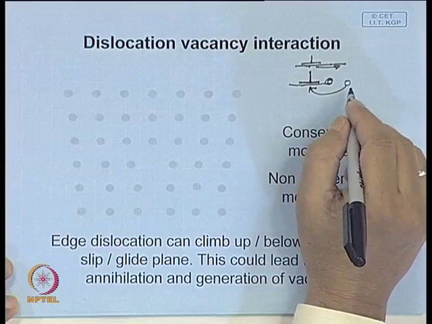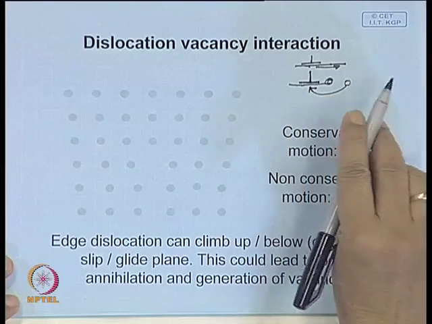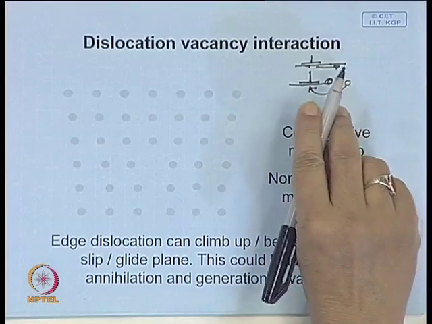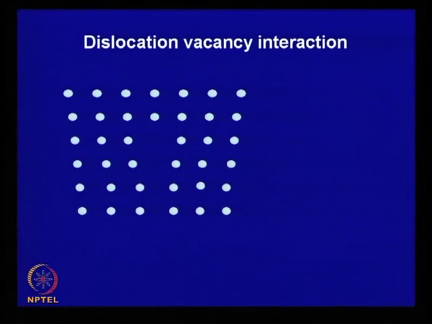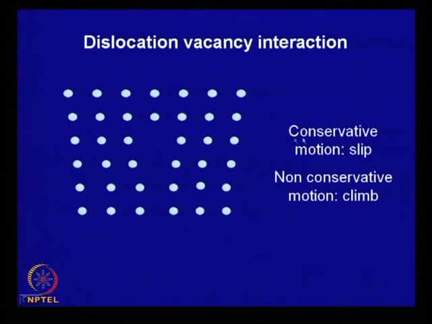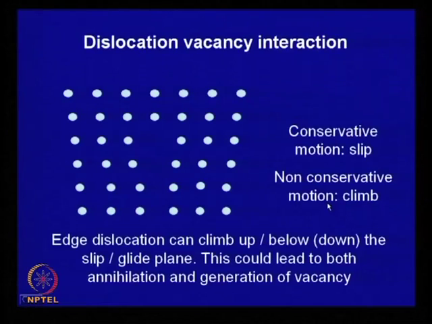This movement is called non-conservative motion of dislocation, whereas glide is called the conservative motion of dislocations. Conservative motion is a slip process, and non-conservative motion is a climb process.